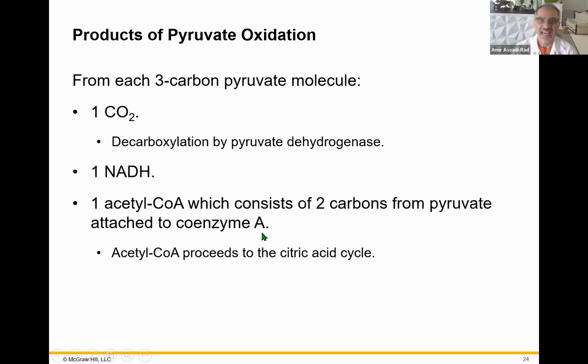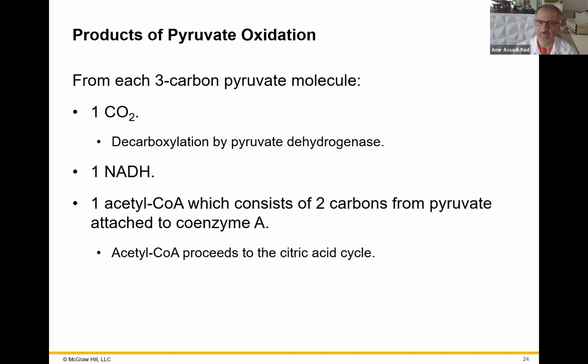That's what they call it, acetyl-CoA, because it's a coenzyme, another vitamin involved here. Coenzyme A. Acetyl-CoA proceeds to the citric acid cycle if the cell needs ATP.